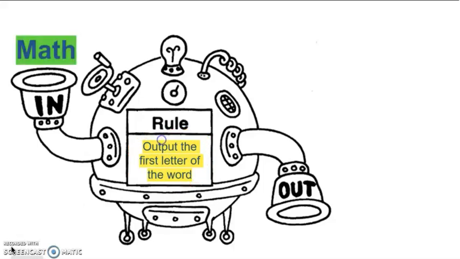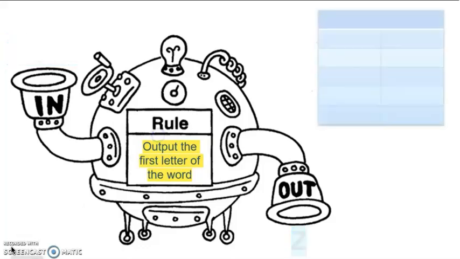So for example, if I was to put in the word math, the first letter is going to come out of the machine, which is M. If I was to put in the word zebra, out would come the first letter, which is Z. Now we could keep going, but that's kind of hard to keep track of. So I'm going to create this table, and I'm going to write down everything that I put in and what comes out with it.